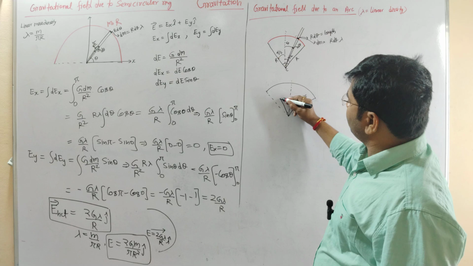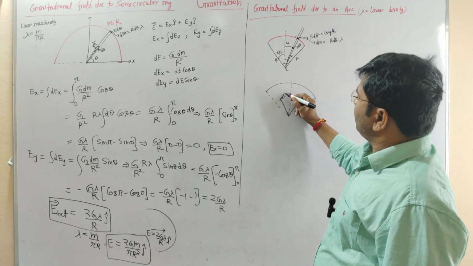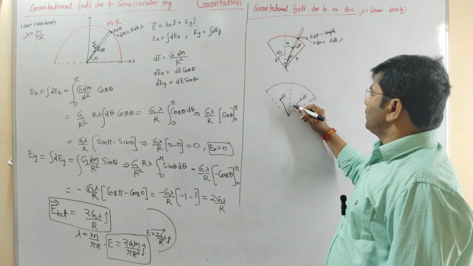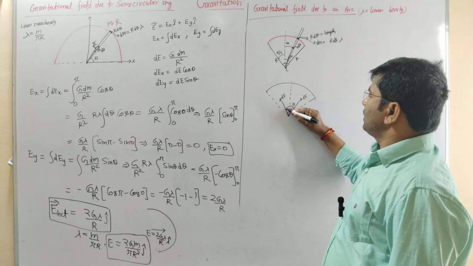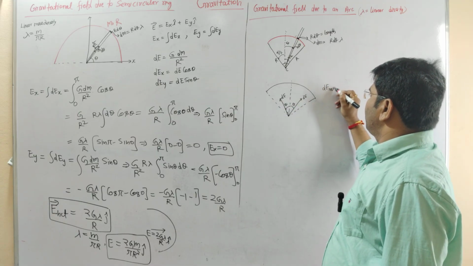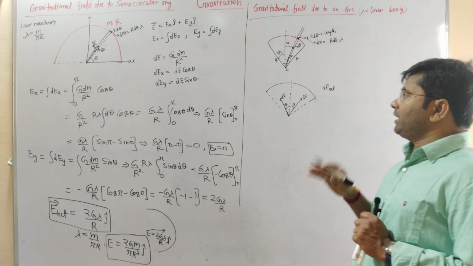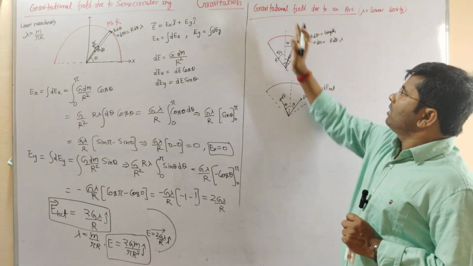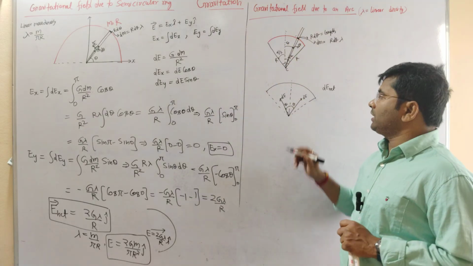So this angle is theta, this is also theta. So what net will I get? dE net: two elements I have taken, right side theta angle d theta, left side also theta angle d theta.